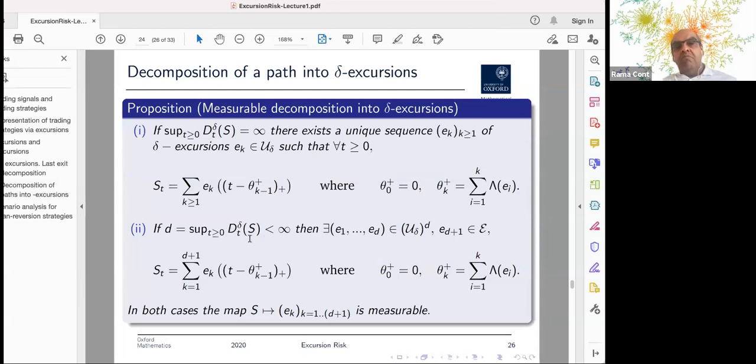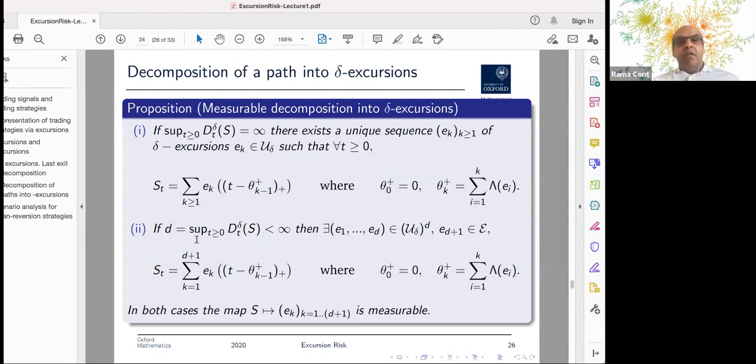The second case is the non-recurrent case. I can have a signal which oscillates between 0 and delta, but at some point it stops. It gets absorbed at 0 or doesn't go back to delta, for whatever reason. Then the decomposition also works, but it's finite.